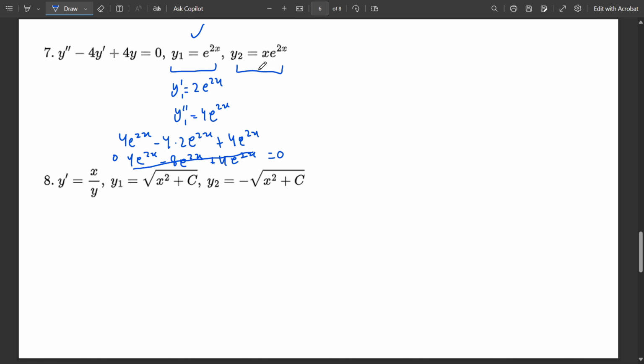And we have the second proposed solution. We have y prime. We need to do the product rule.